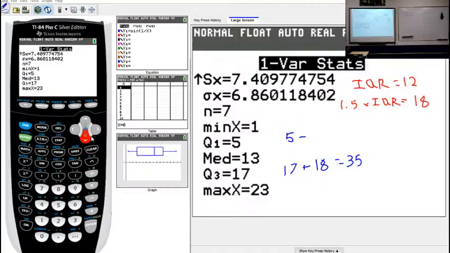Q1, 5 minus 18 is negative 13. So anything below negative 13 in my list would be an outlier. We've got no outliers here because the smallest value is 1 and the largest value is 23. And that gives me a boundary to use to cut off and say above here and below here are outliers.